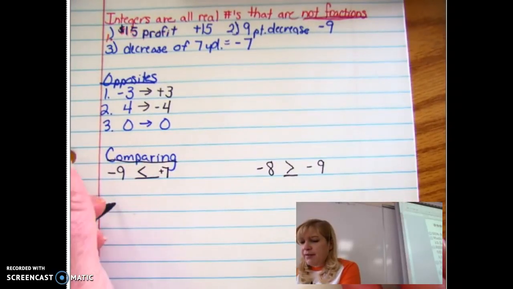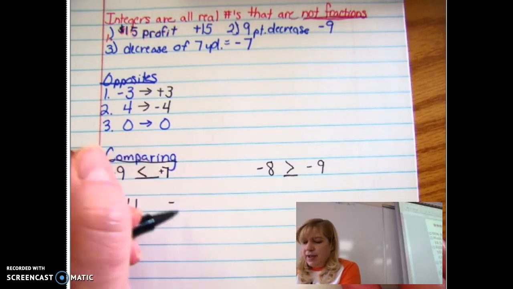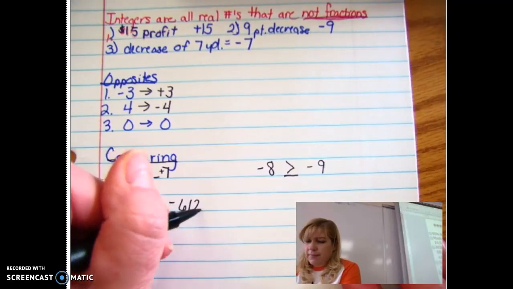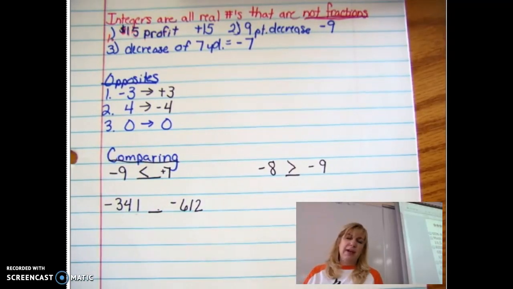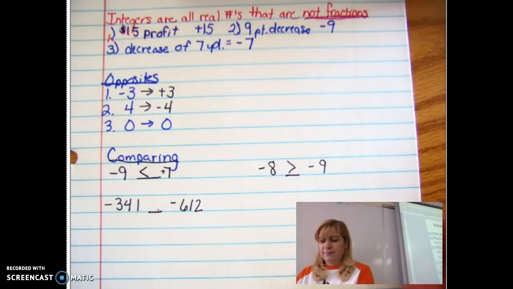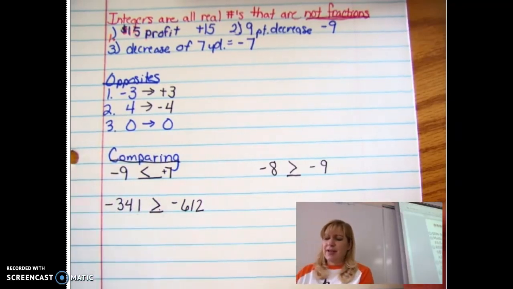Let's try negative 341 and negative 612. Which one is bigger? Go ahead and pause the video and think about that one. So it's opposite of what you might think.